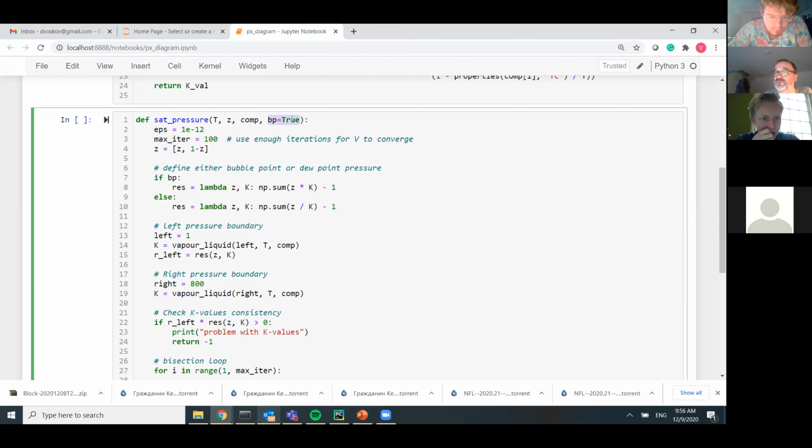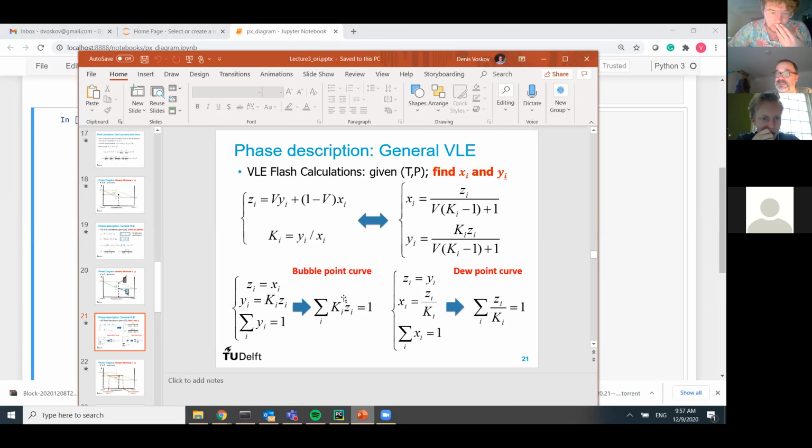So BP is true means it's bubble point, BP is false means dew point. And here, the only difference will be how you compute your residual function. It's either sum of z multiplied by k minus 1 or sum of z divided by k minus 1, just following our lecture here. So one case is this residual function, another case is this residual function.